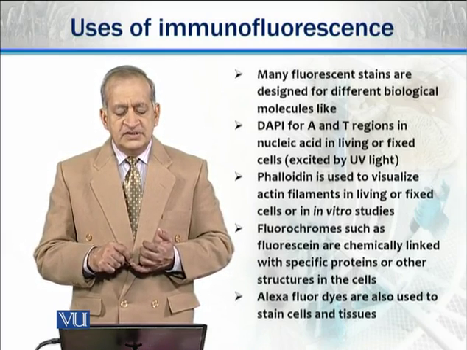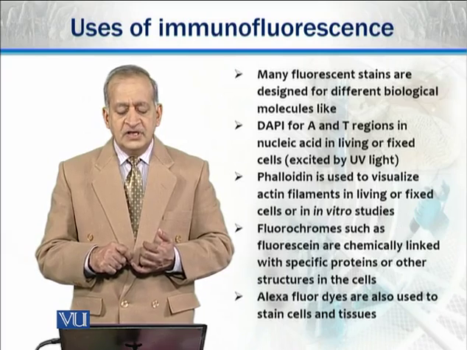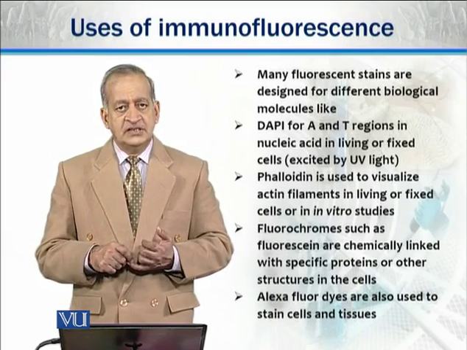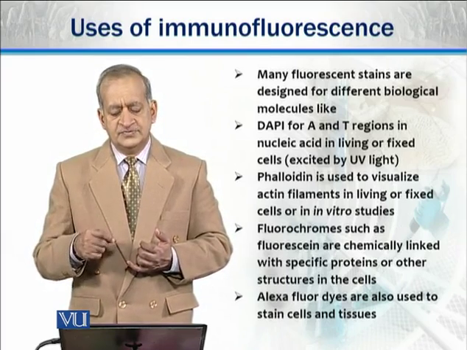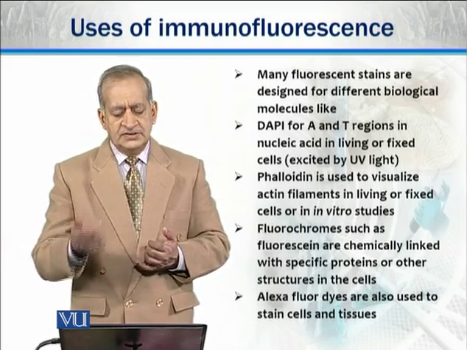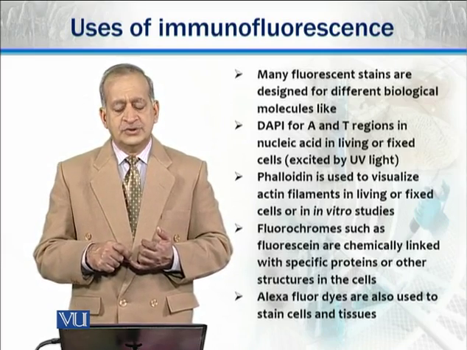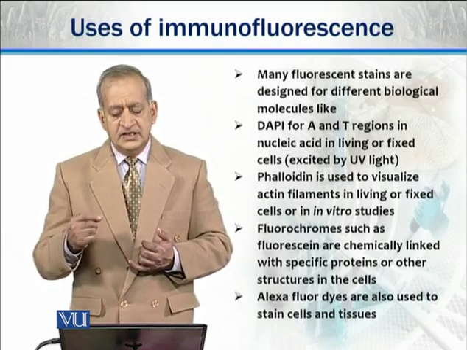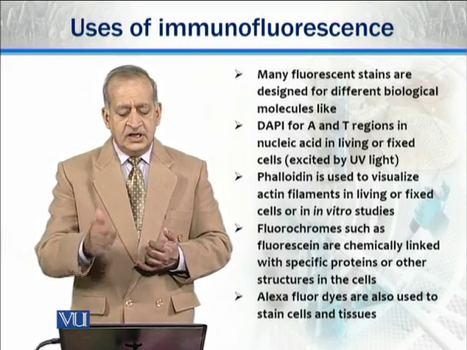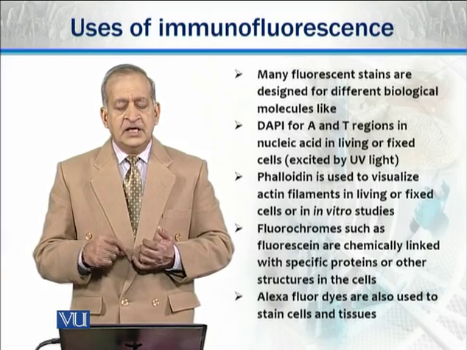Similarly, fluorochromes such as fluorescein are chemically linked with specific proteins or other structures in the cells. So obviously along with DAPI and phalloidin, this fluorescein is also used, and that is able to stain specific proteins on the cells.